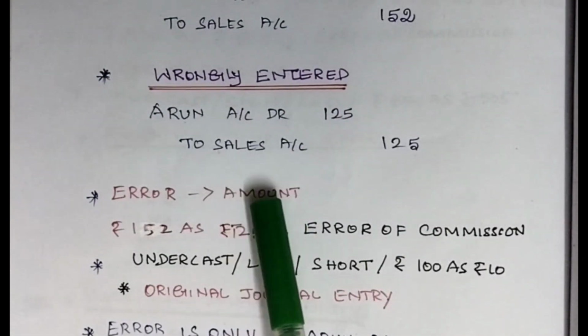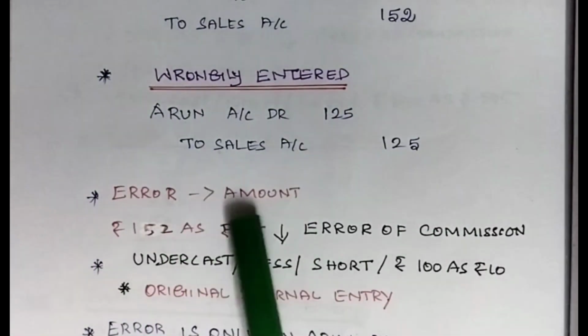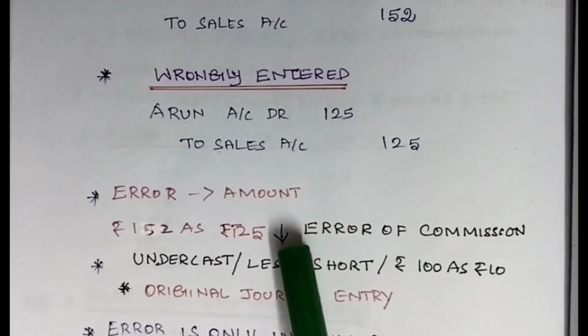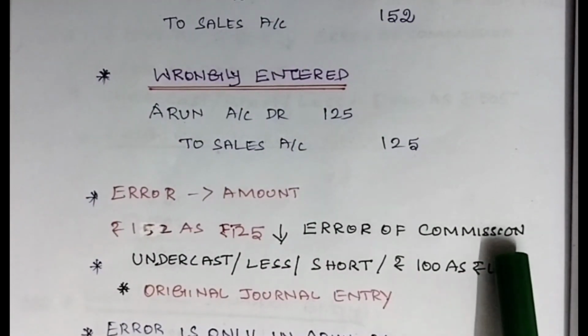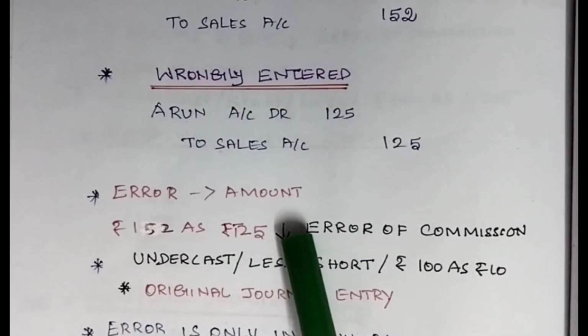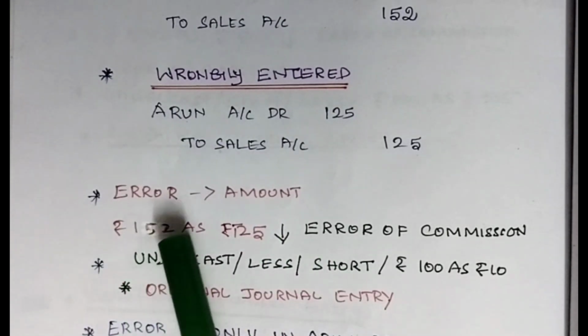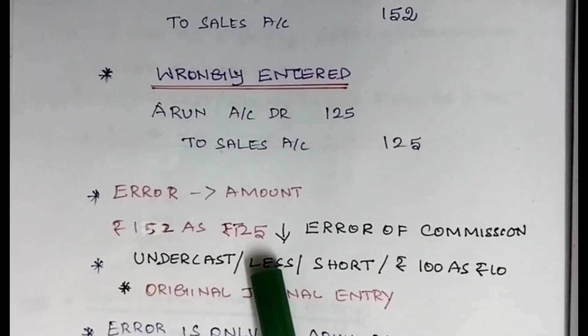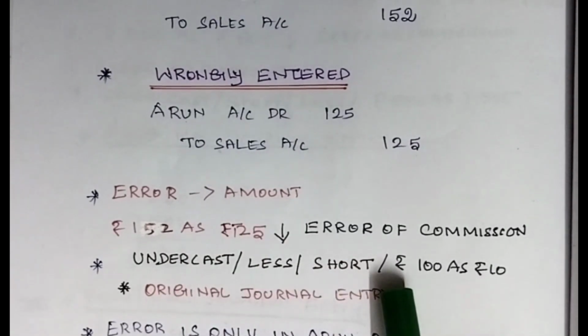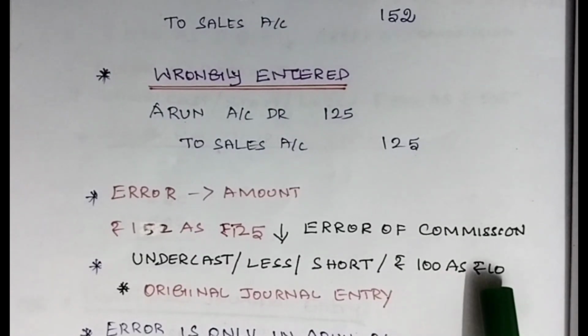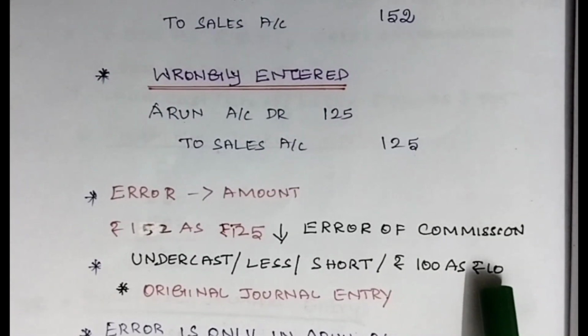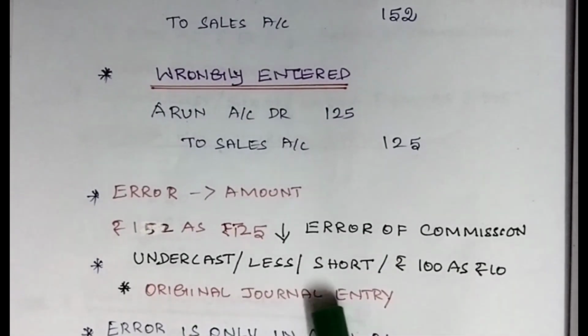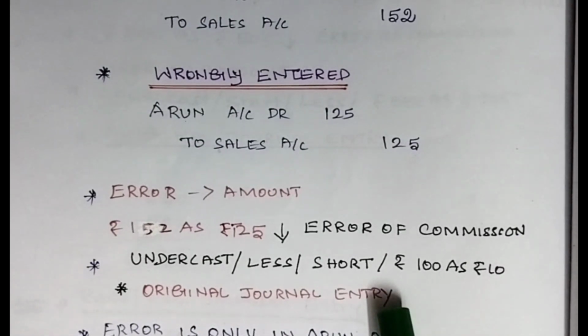Because the amount is the error, this is called an error of commission. Whenever you see undercast, less, short, like instead of 100 as 10 rupees, you have to follow the original journal entry.